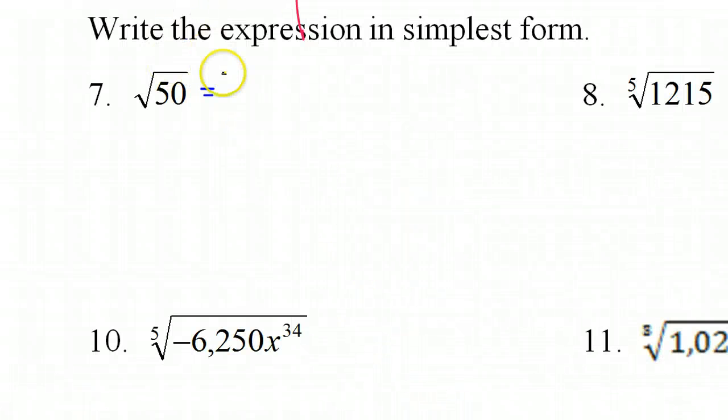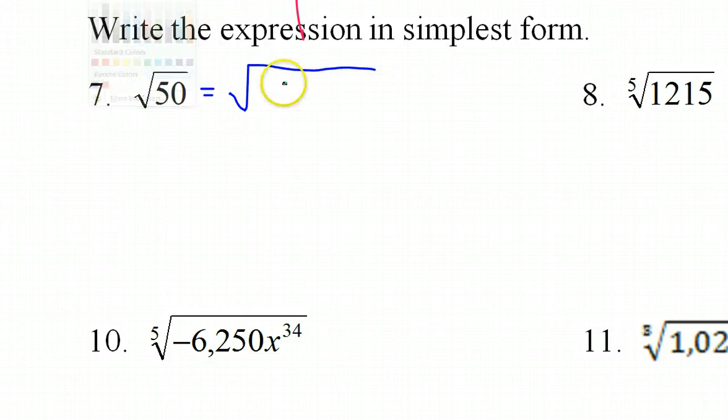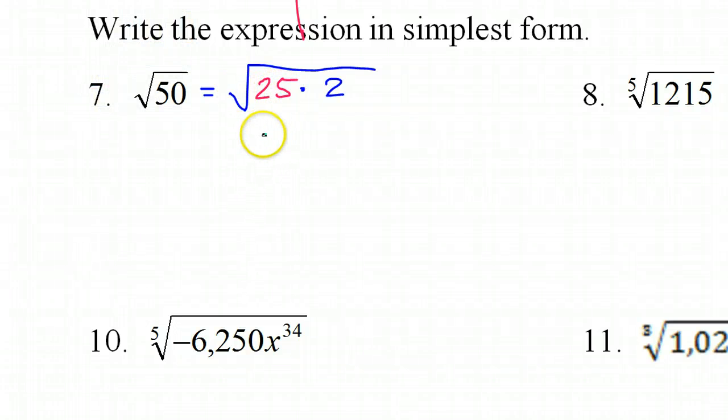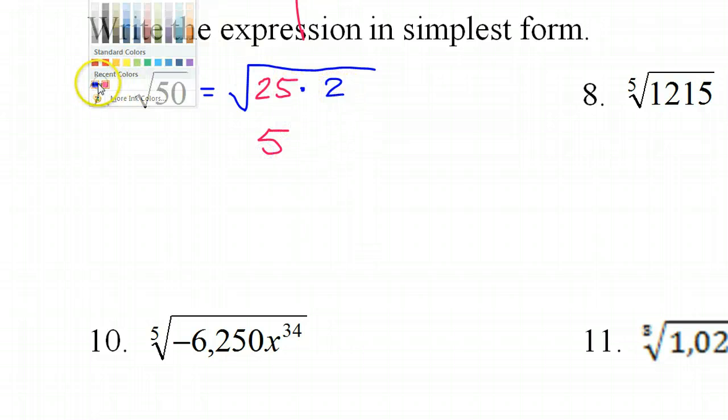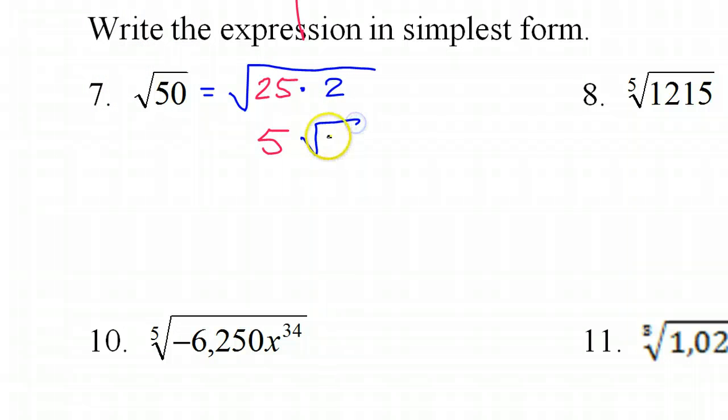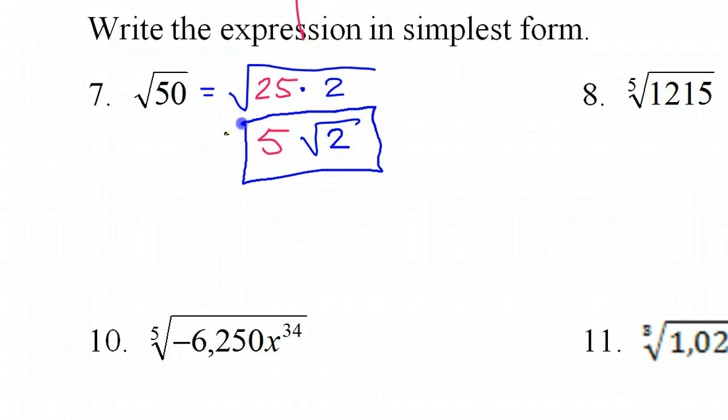So that's why I'm going to split this up as the square root of, and then first I'm going to put that 25, which was on the list, and it's clearly 25 times 2. Now this pink number here will reduce and come out. The square root of 25, of course, is 5. Now this 2 is going to stay under the radical as the square root of 2. So that is what your calculator does when it's coming up with 5 radical 2.